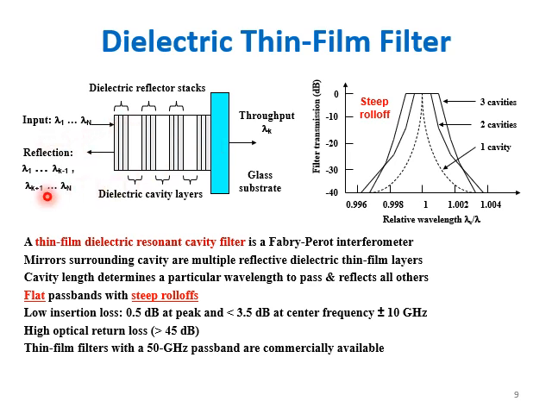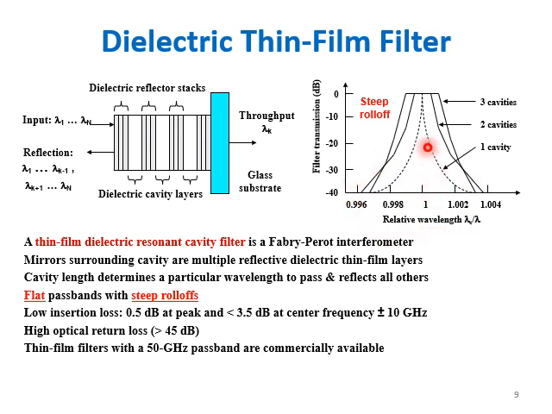The mirrors surrounding the cavity are multiple reflective dielectric thin film layers. The cavity length determines the particular wavelength to pass and reflects all the others, with flat passbands and a steep roll off. So the dielectric thin film filters are defined for only a particular wavelength range.